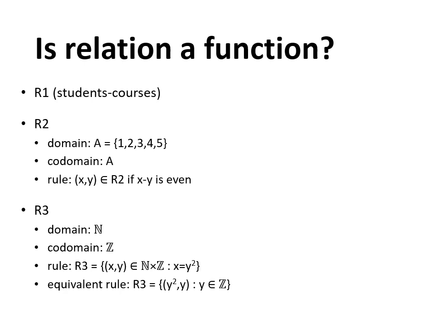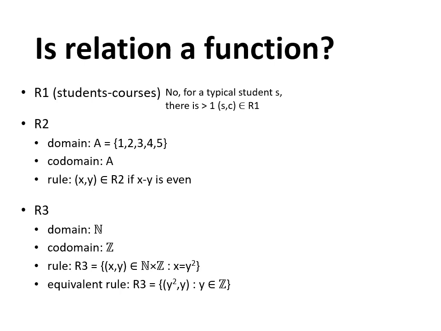Now, is the relation a function? I already kind of hinted at that by giving that example of students and courses. That relation is not a function, because for a typical student in CS2100, there is more than one other course that the student is taking.